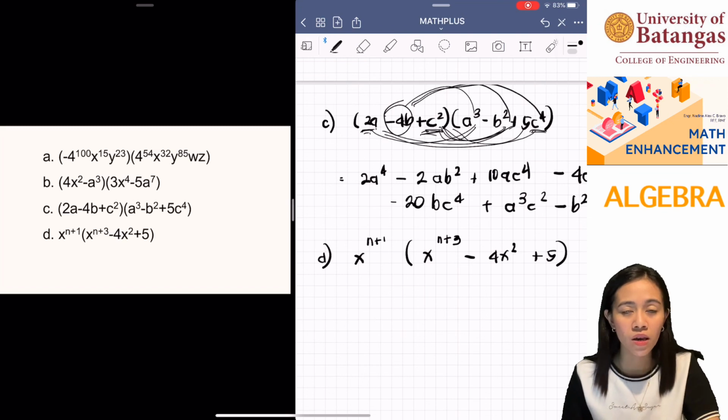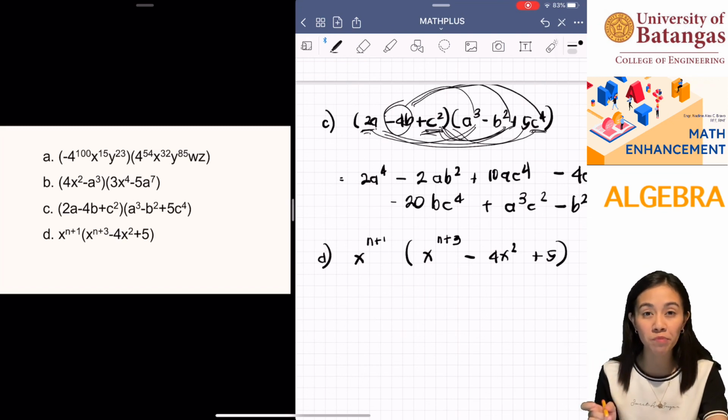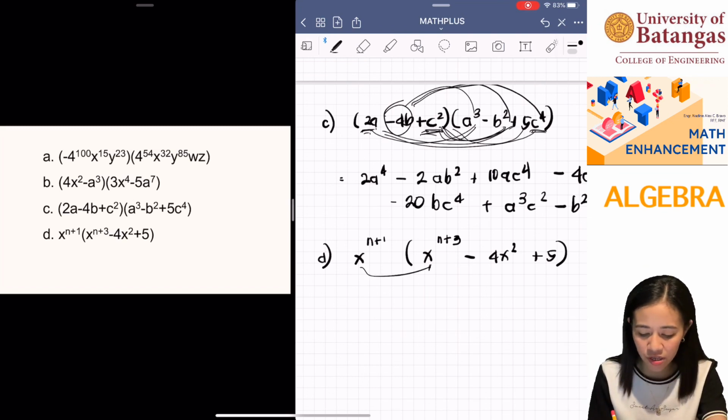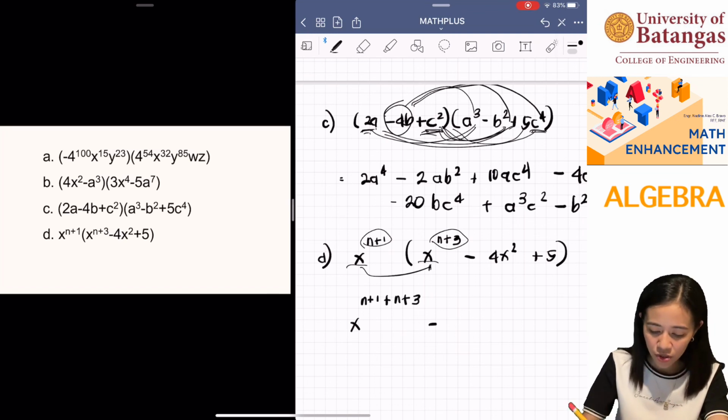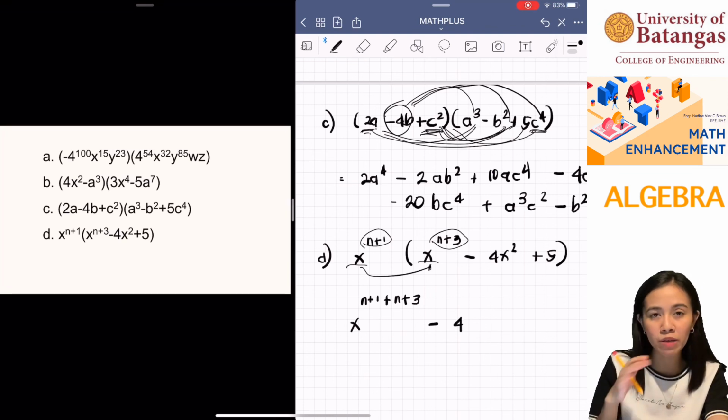As you can see, the terms have a similar base. So, if you multiply these, since it's the same base, we add their exponents. So, we copy x, and in the exponent, you add n plus 1 to n plus 3. Minus 4, you have x squared to be multiplied by x raised to n plus 1.